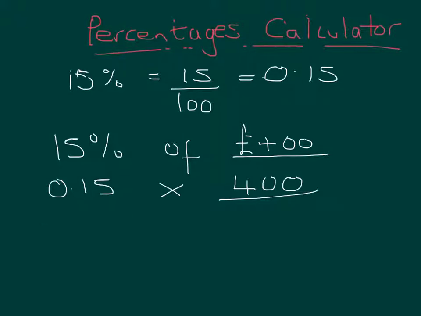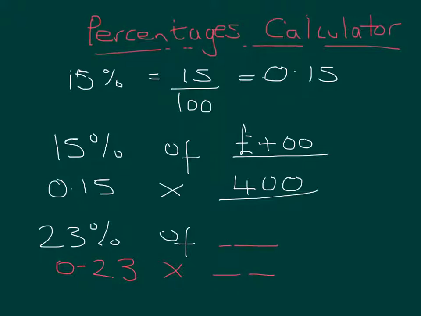So if I wanted 23% of something, I would just need to do 0.23, because that's 23% as a decimal, multiplied by whatever I was trying to find 23% of. That seems fairly straightforward, so let's have a look at what happens when we do increase and decrease.